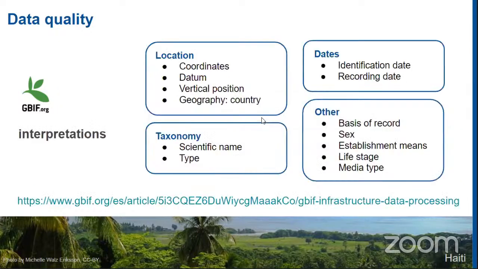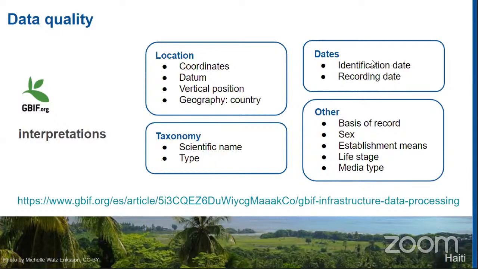And so GBIF does a series of different interpretations. Some of them apply to location information, like coordinates, the datum, the vertical position, and for geography, the country in particular. They interpret the taxonomy as well, the scientific name and the type.